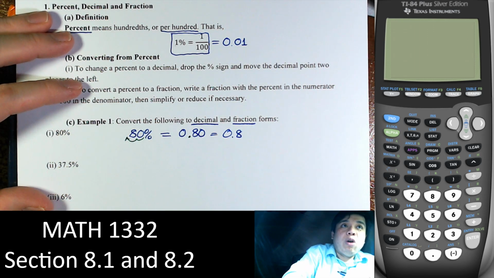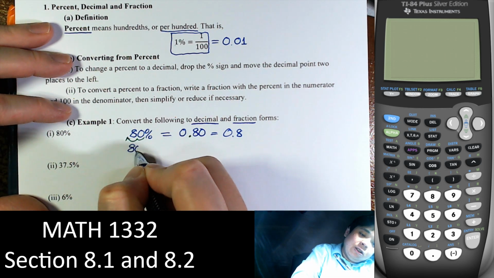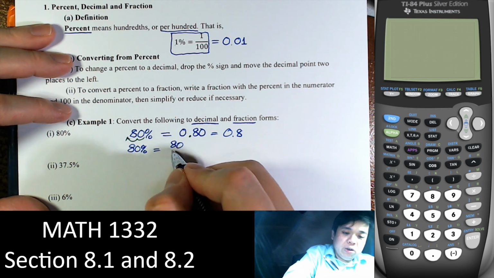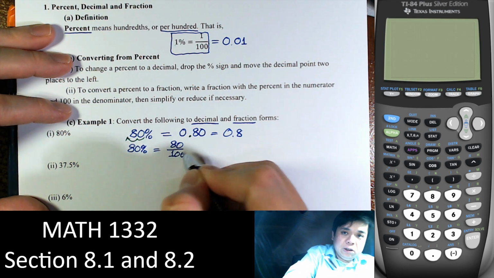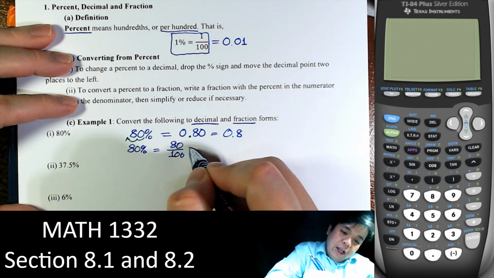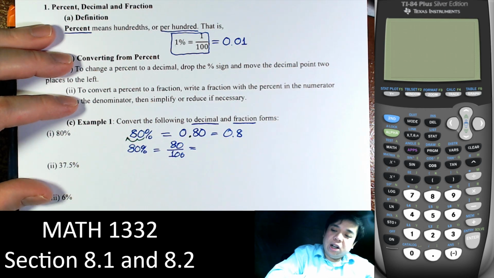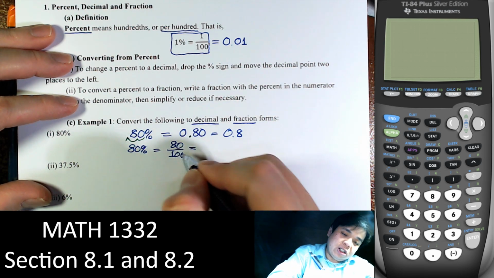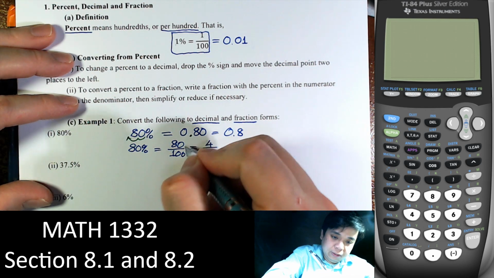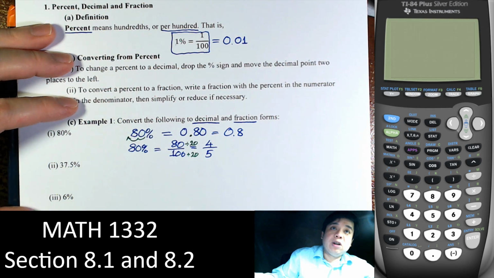Now if we want to write this as a fraction, we write that over 100 and reduce by 20 top and bottom. 20 divided by 20 on the top, 100 divided by 20 at the bottom, 4/5. So that's what we have.